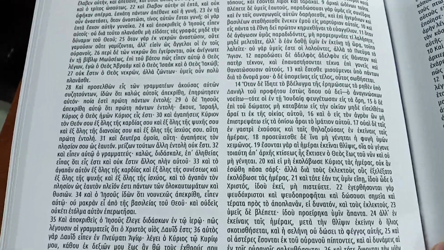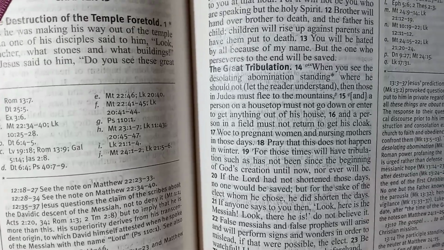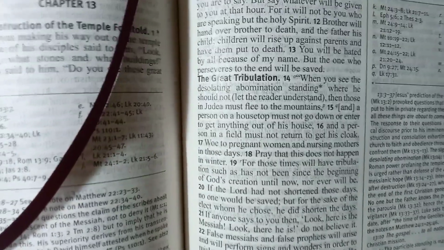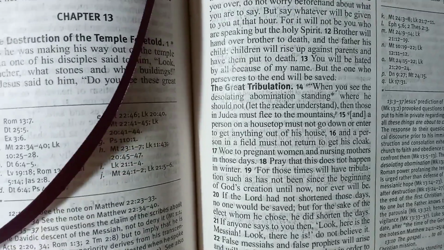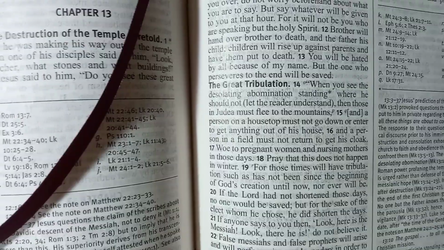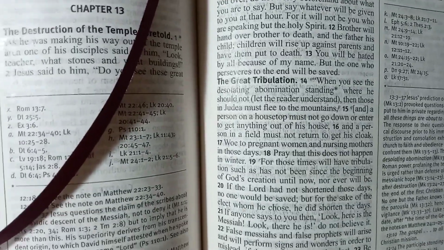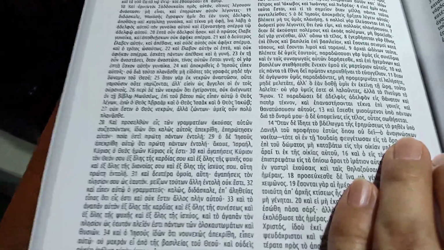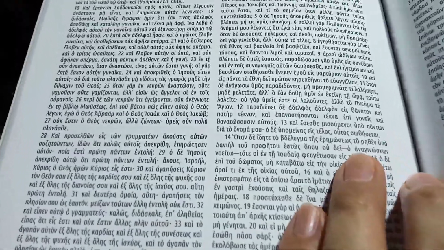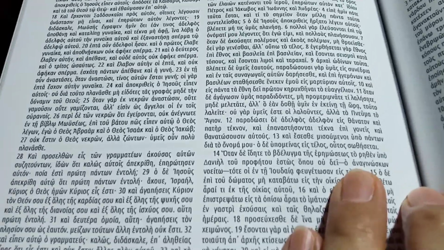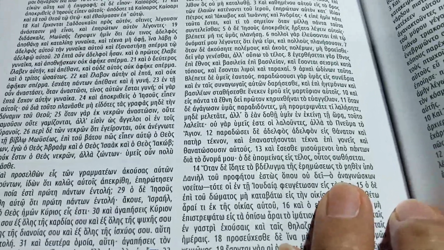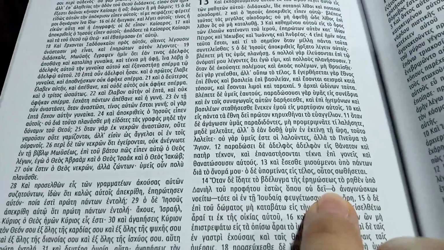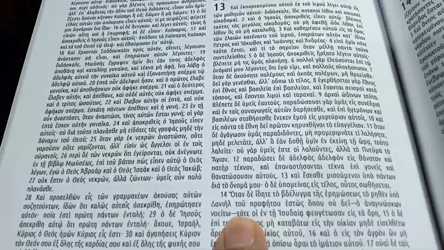Now, take a look for instance here, in verse 14. Let the reader understand. That is enclosed in parentheses. Now here in the Patriarchal text, the phrase, the one reading, take note, is enclosed in hyphens, both here and here.